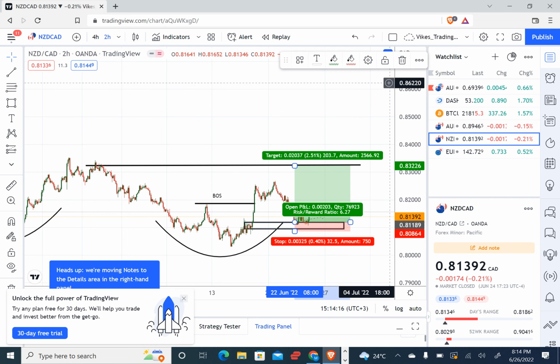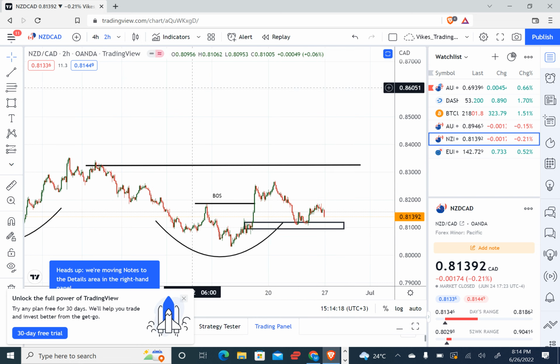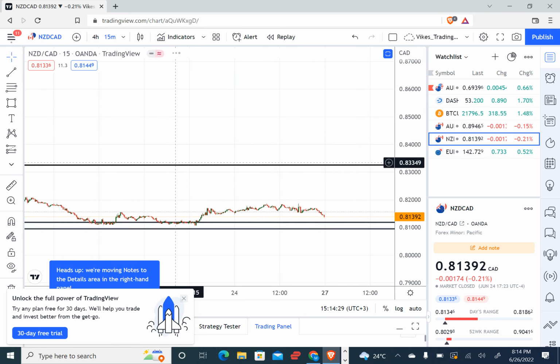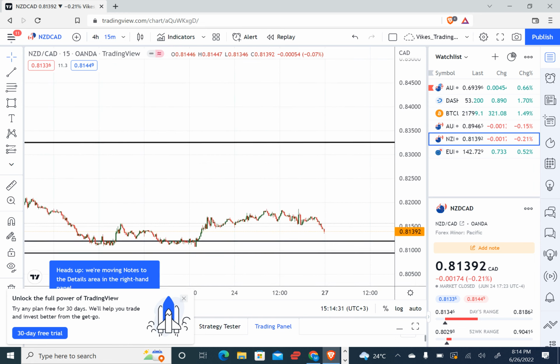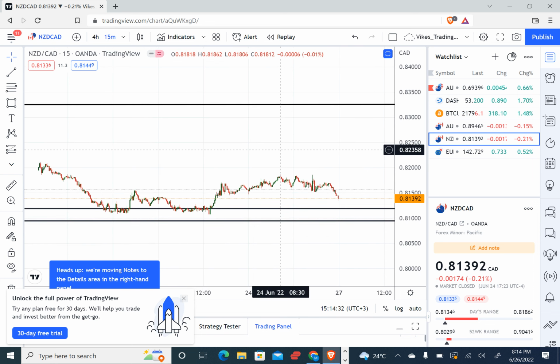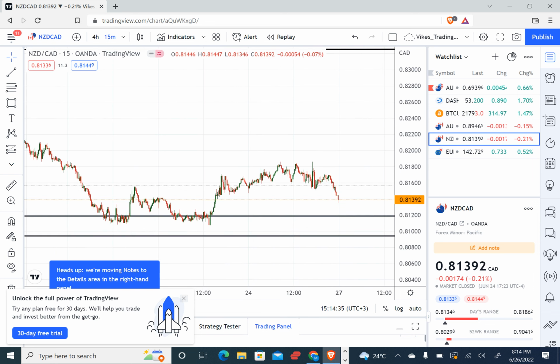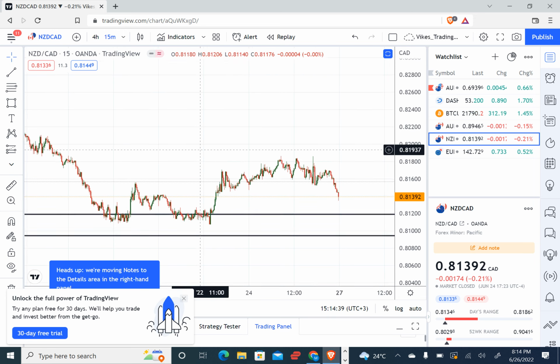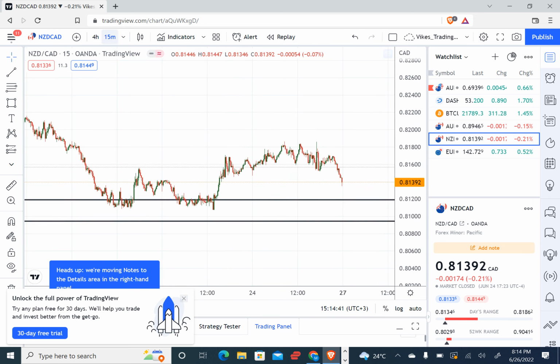I did identify another double bottom here, a minor one. So let's go to low time frames, like maybe 15 minutes time frame, and look at this break of structure. So you can see in our low time frame, there was another break of structure.